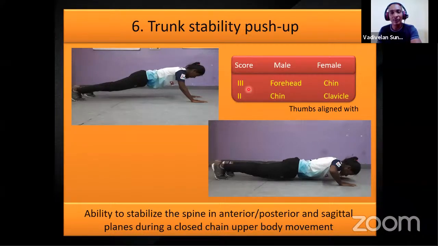Score 3 for male is the thumb alignment at the forehead; for female, it would be the chin. For a 2, the thumb alignment is at the chin for male, and for female, over the clavicle. If you keep moving the hand down and down, the push-up becomes easier. If you move the hand away from your chest, the push-up becomes tougher. So that's why this system is a bit tougher when it goes near to your forehead or chin.